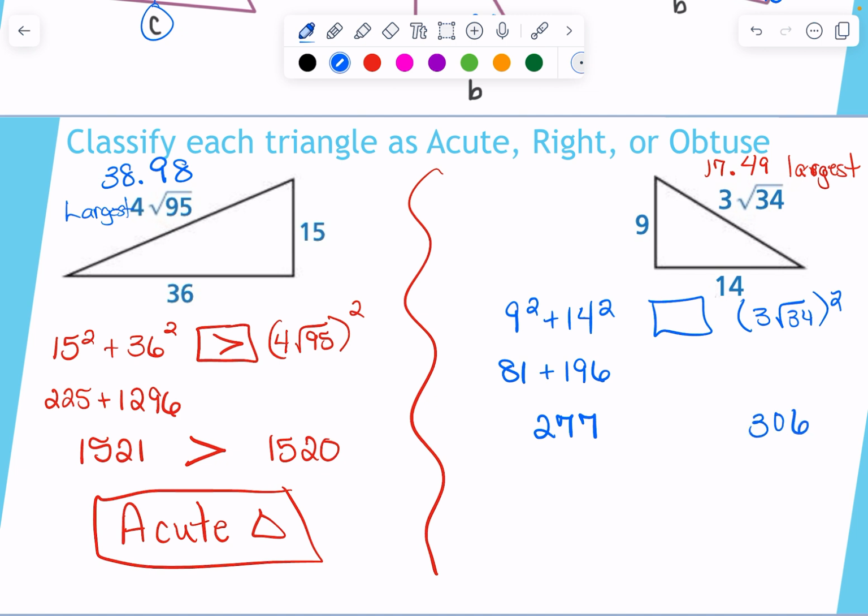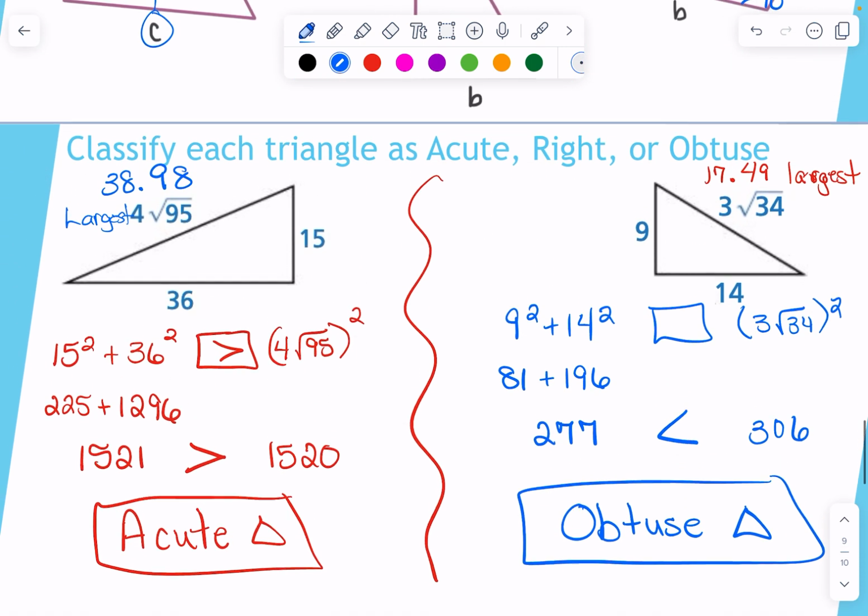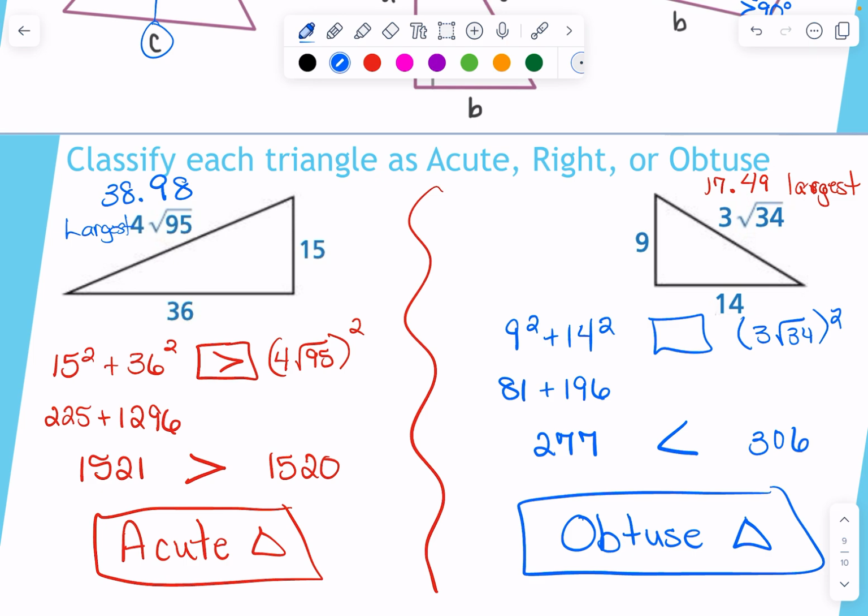So this time, 277 is less than 306. So my longest side squared is bigger than that. So that means this must be an obtuse triangle. Okay? And that's how we use that inequality theorem, and that's how we do Pythagorean theorem.